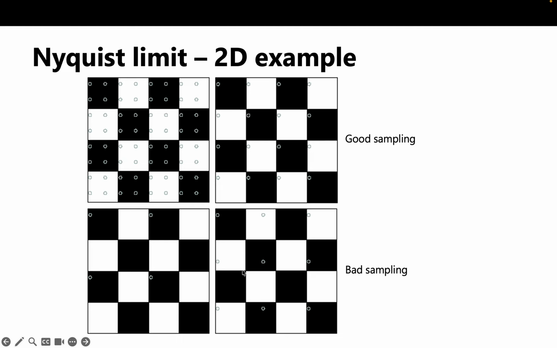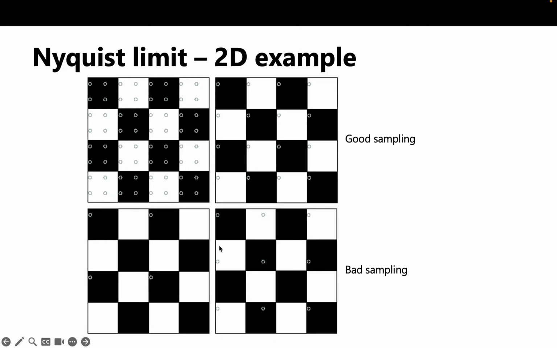But if you look at the bottom row, this is what we call the bad sampling example. Because whenever we want to generate a real image, we lost some information, because you can see for this image, the dot is only on the black pixel. Actually, there are also other white pixels and black pixels. Same goes to this image. Some are missing.